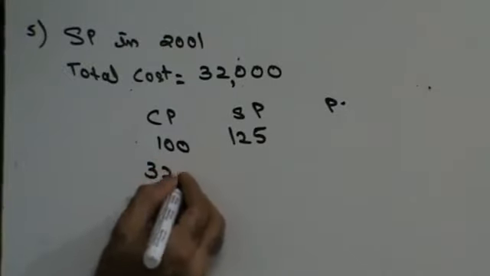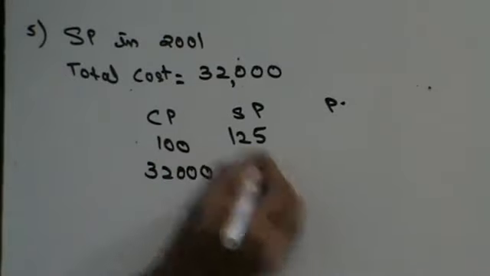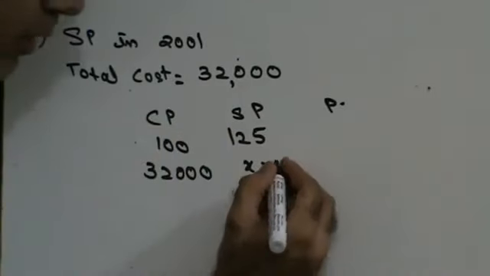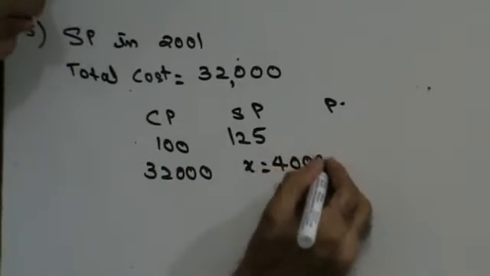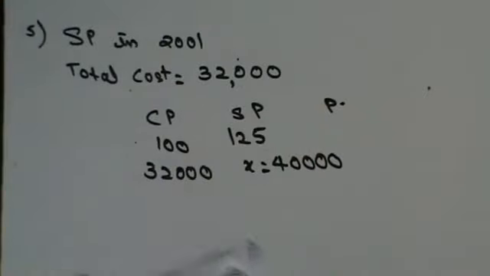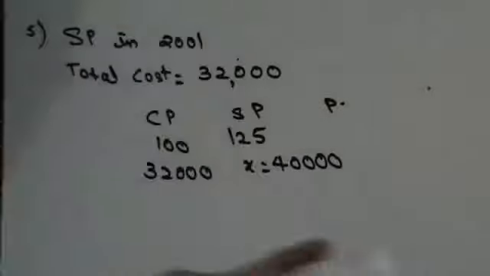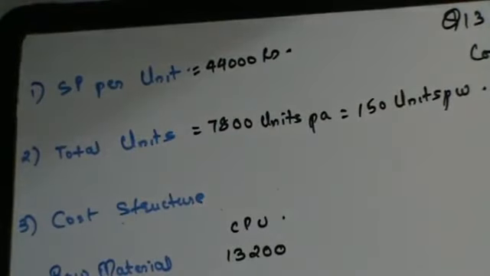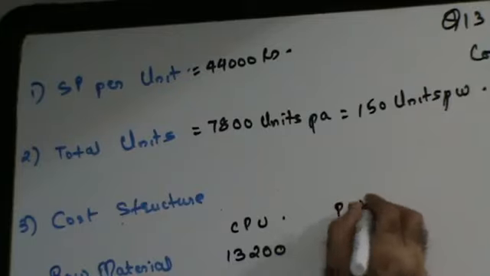Cost price is 32,000, so selling price in 2001 is 32,000 into 125 divided by 100, which is 40,000. Selling price per unit will rise by 10%, so the new selling price per unit is 44,000.